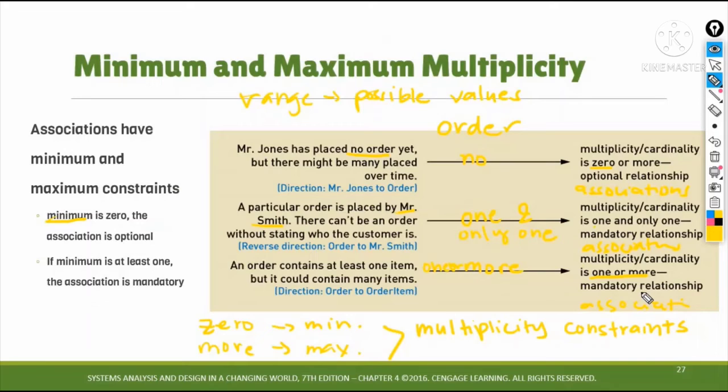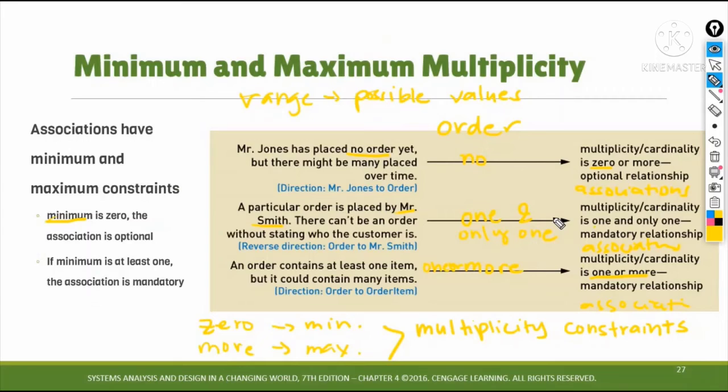So therefore, the multiplicity would read customer places 1 or more orders. Again, if there's no order, then the system will not record that customer. But if the customer places 1 or more orders, then the system will record the information about the customer.